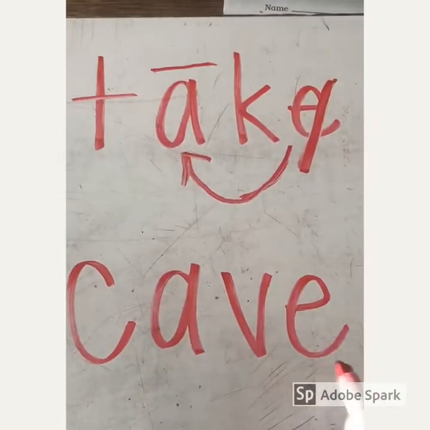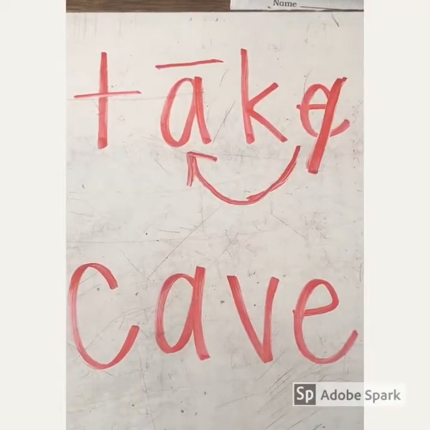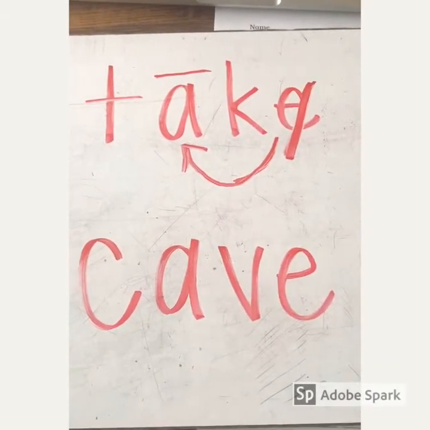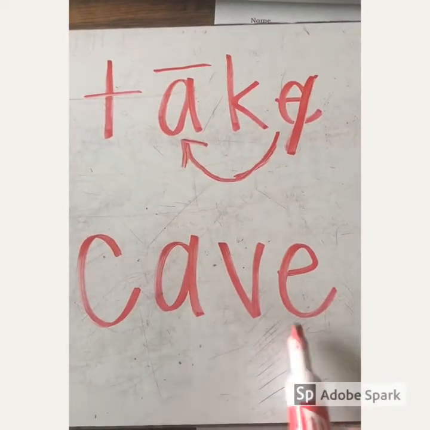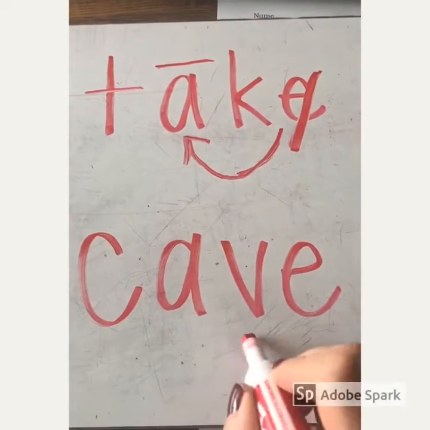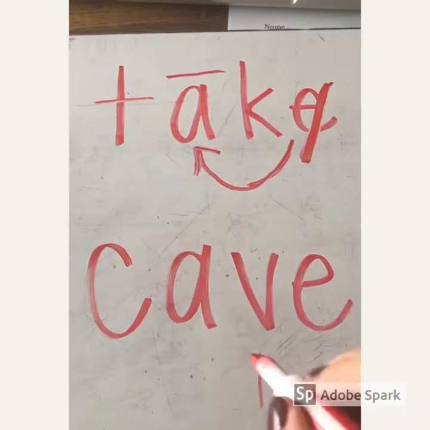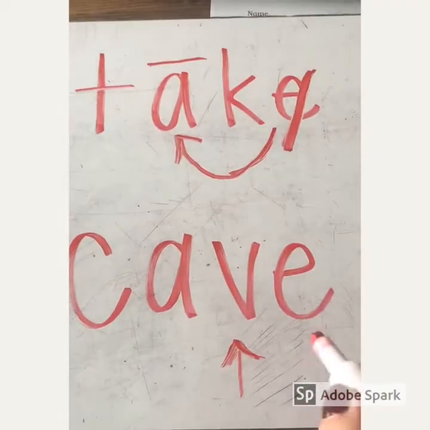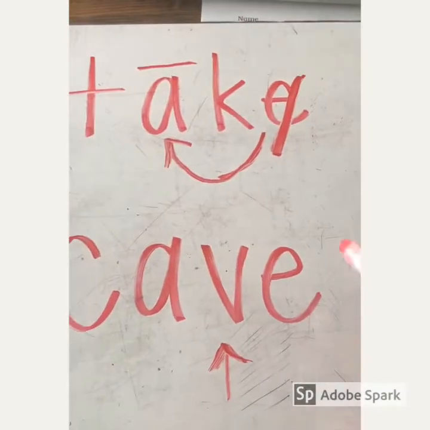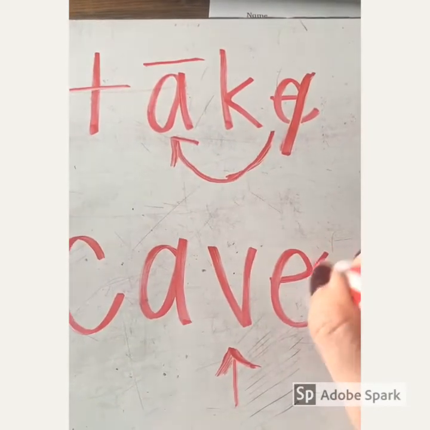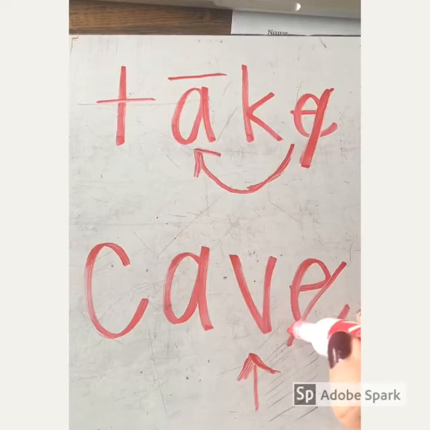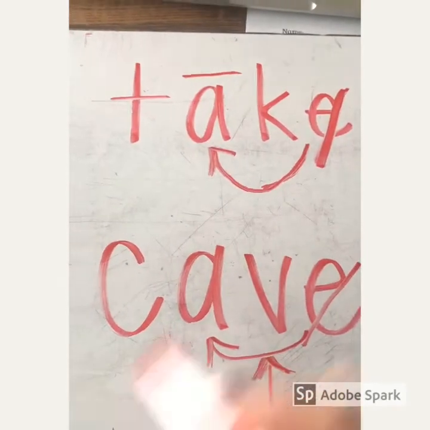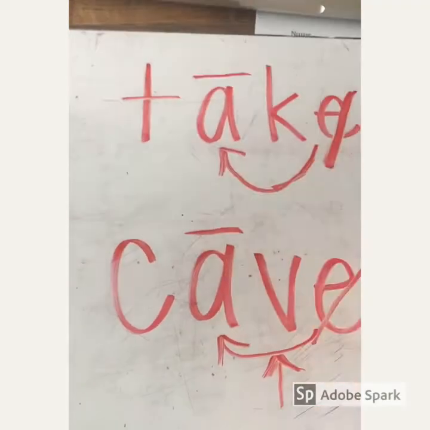Yep, A and E. When you see two vowels in a word, A and E, with a consonant in between them, most likely the E is going to be sneaky. That tells us that the E is silent, so we're going to cross it out. And the E scares the A to make its good long sound.